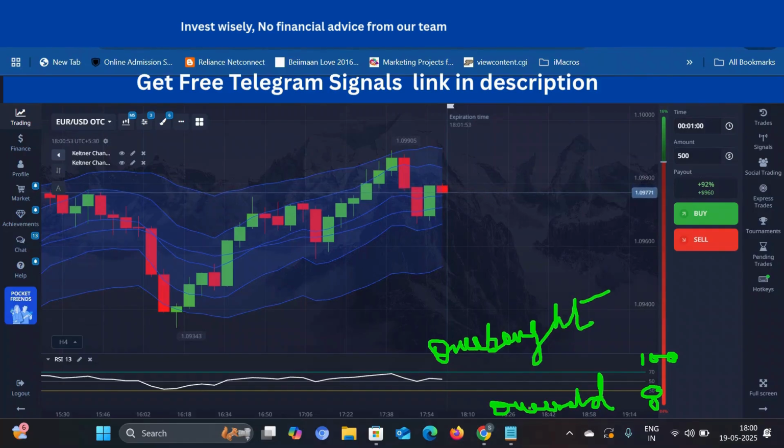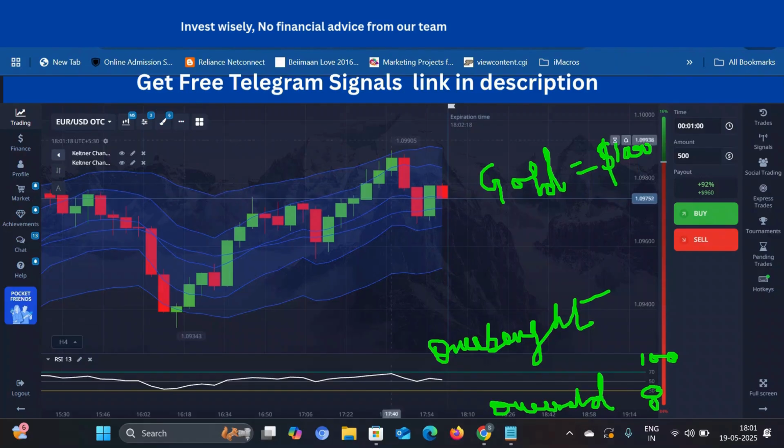Now, what do oversold and overbought actually mean in practical terms? For example, let's consider gold as an illustration. You must have seen recently that gold went up to around $1,000. Sorry, it has gone up to around $1 lakh. If I'm not wrong, 1,000 or 1 lakh.